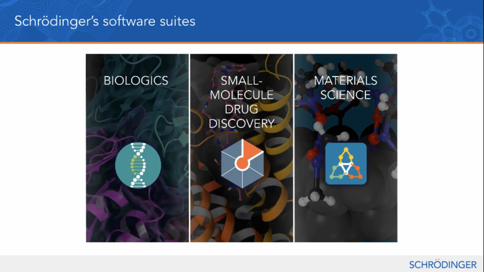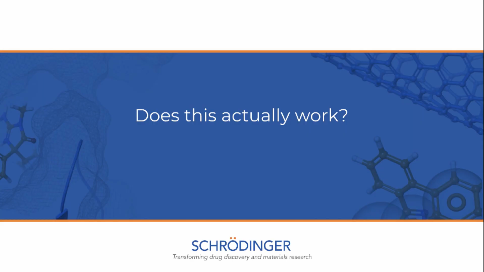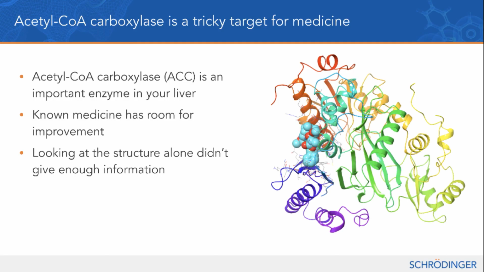Now, this is really great that we can do all this on the computer, but it begs the question, does it actually work? And I'm really happy to tell you we have more and more cases that we can point to say, yes, it does. One particular research project that we are very proud of is looking at a liver disease where a particular protein called Acetyl-CoA carboxylase, or ACC, somehow gets messed up.